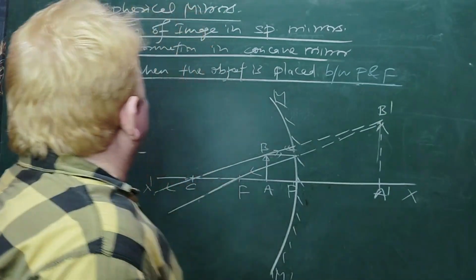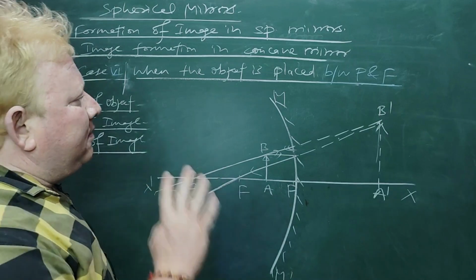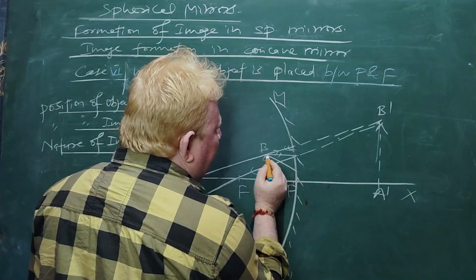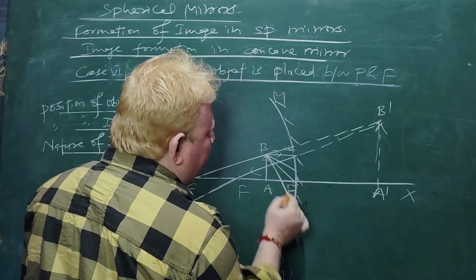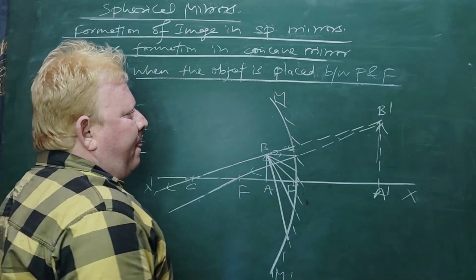Okay, so this is case number 6. Now no need to disturb. You can disturb this image also if you consider more light rays, this ray, this way, this way. All the light rays are not going to meet, okay.